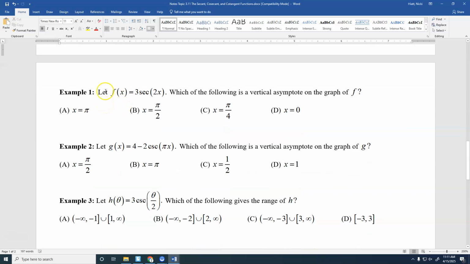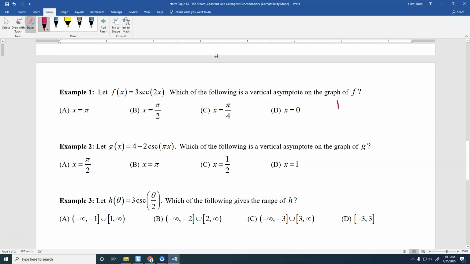Okay, so whenever I do a problem like this, f of x equals 3 secant of 2x, and we want to know which of the following is a vertical asymptote of f. I always think of this as 3 times 1 over cosine of 2x.